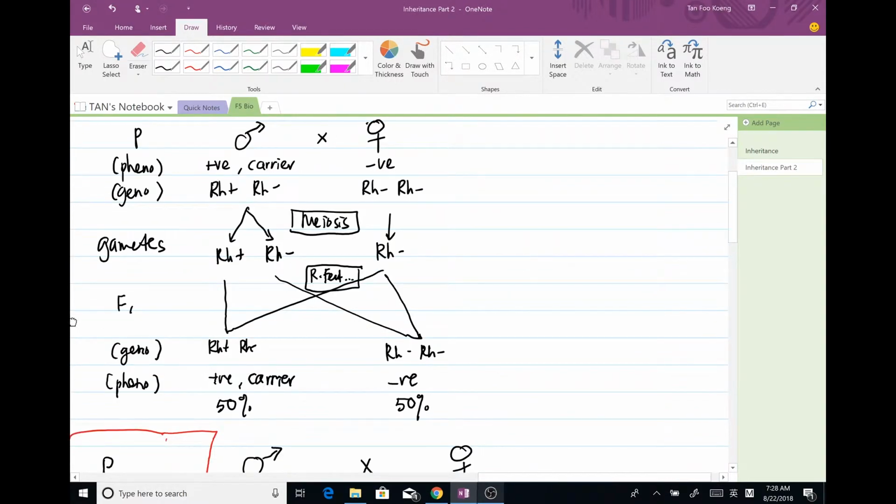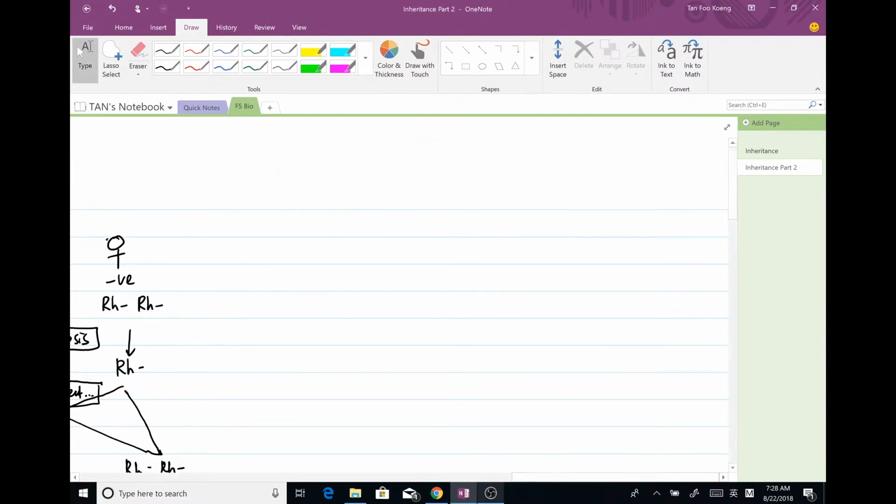Now let's look. What about the inheritance of thalassaemia? What is thalassaemia? I have to refer to the book. Now, thalassaemia is a condition in which the body is unable to synthesize the protein needed for the synthesis of red blood cells.